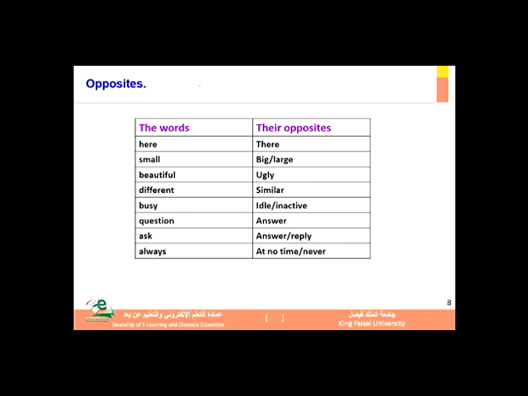Small, big, صغير وكبير, or sometimes we could say large. Beautiful and ugly. جميل وقبيح. Different, similar. مختلف, متشابه. Busy, idle or inactive. Busy, مشغول, always involved in work, but inactive, there is no activity. That is غير مشغول or خامل or not really doing any job.